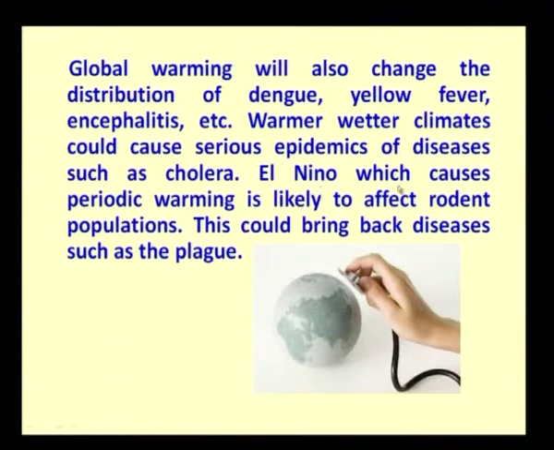El Nino, which causes periodic warming, is likely to affect rodent population. This could bring back diseases such as plague. In history, we might have dealt with the plague or the rat fever, which once targeted the entire city of a particular European country and the entire population of the city was put down to death.